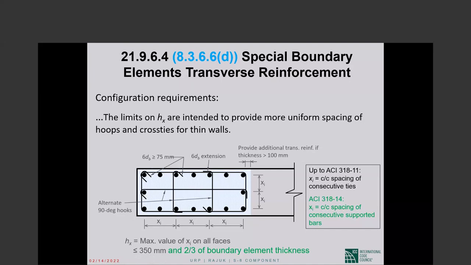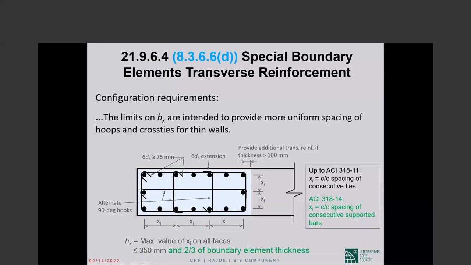It doesn't even have to be a seismic confinement. The 350 millimeter maximum on H sub X is a seismic requirement. Okay, it is for special moment frame columns and special shear wall boundary elements. The X sub I in the picture was the center to center spacing of consecutive ties, the spacing between center lines of the ties or cross ties.